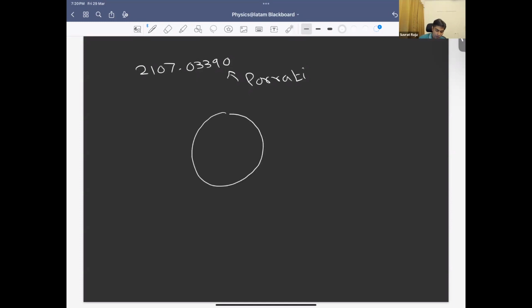So let's go back to our two-step process, right? It's the boundary. In this boundary, remember there was earlier a stress tensor, and the stress tensor has the property that it's conserved. This is the boundary stress tensor. The boundary stress tensor is conserved.